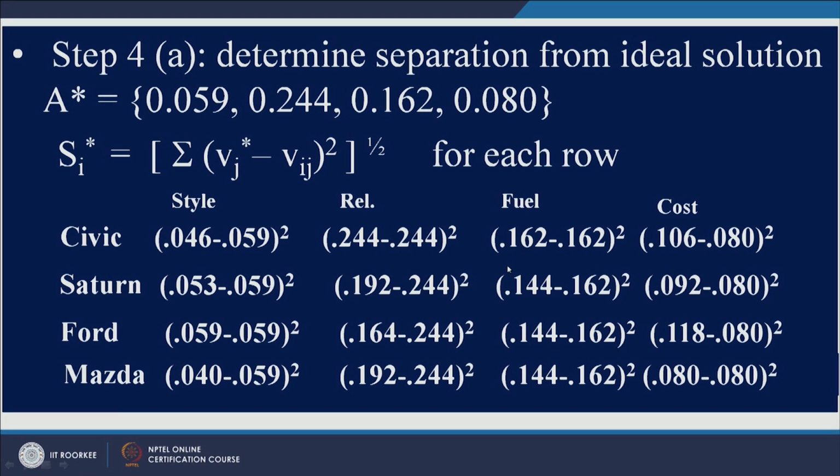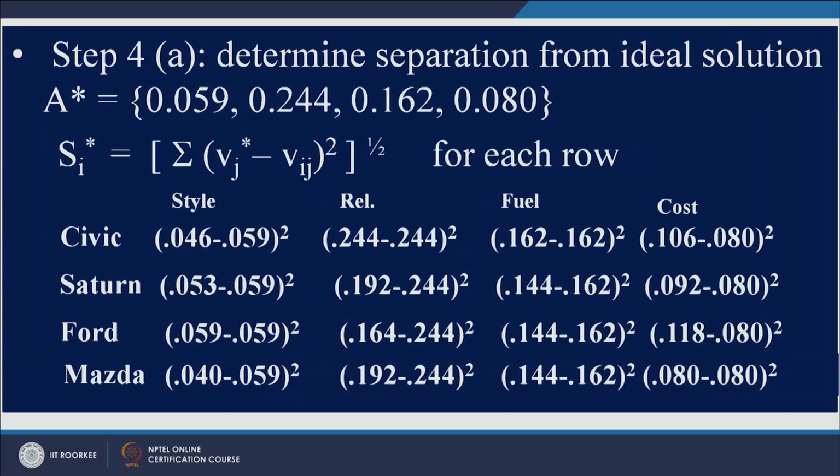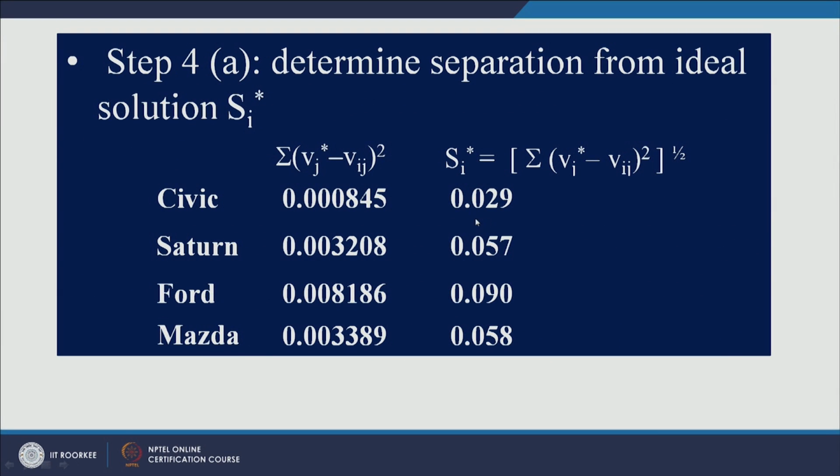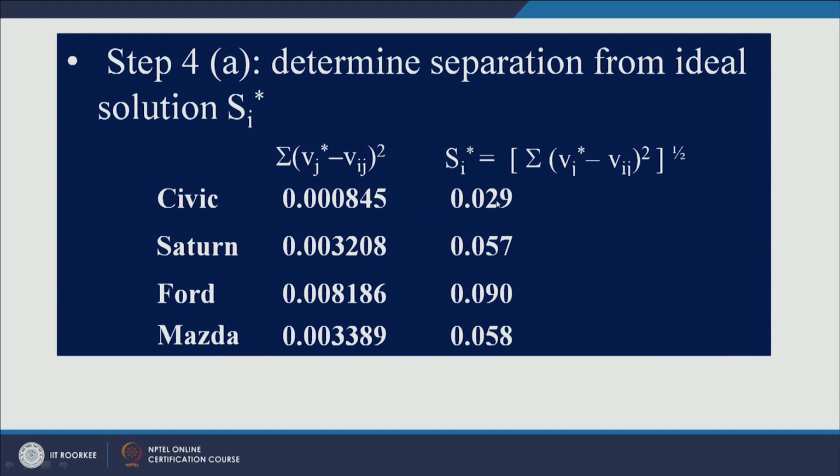Similarly, for the separation from the negative ideal solution, but before that let us write the total of all these rows. So, this is how you can calculate the total and then take the square root of that value. So, this is the total of all these values, and this is your separation from the ideal solution.